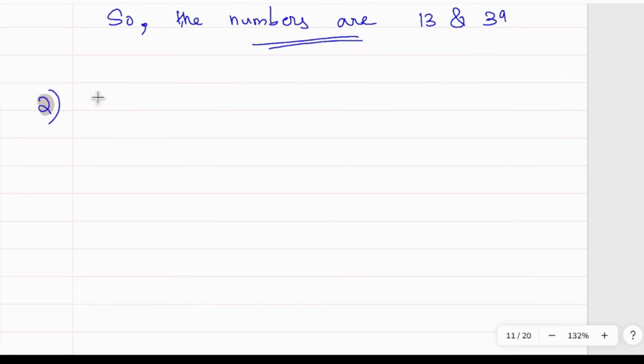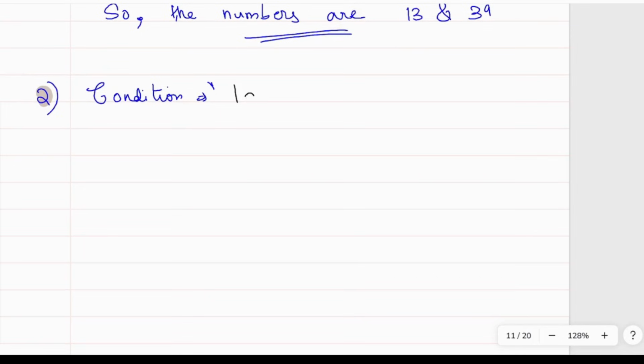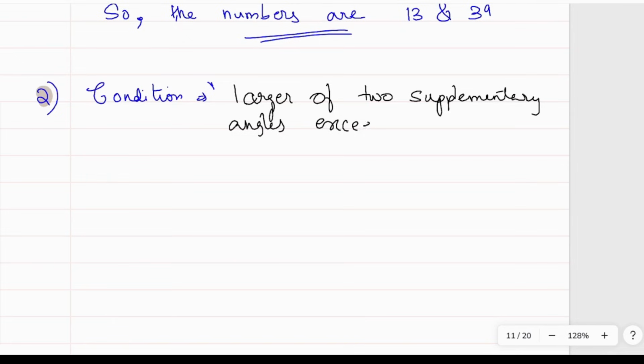The condition given here is: larger of two supplementary angles exceeds the other, meaning exceeds the smaller, by 18 degrees. This is what is given in the question.